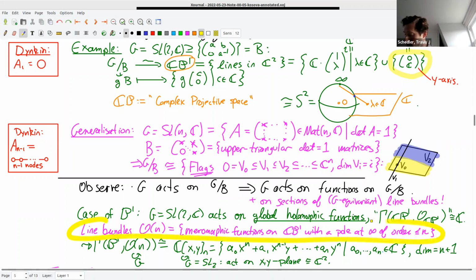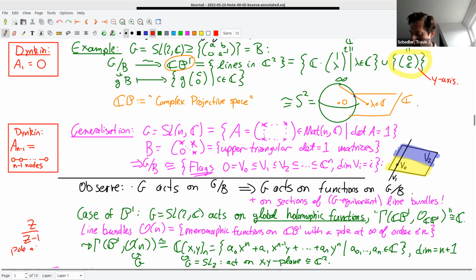This is really beautiful. So you can look at line bundles, which are like meromorphic functions on the projective space. So they could have a singularity at a point, a pole, for example, a fraction. You could take a fraction like z over z minus 1 that has a pole at 1. So it's not actually defined at 1, it gives you infinity at 1.